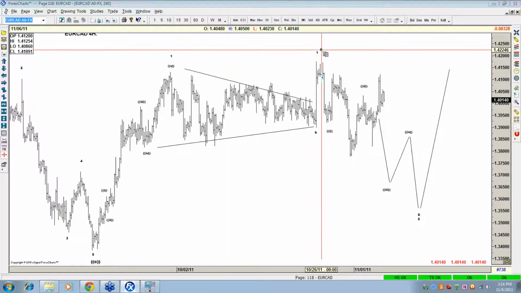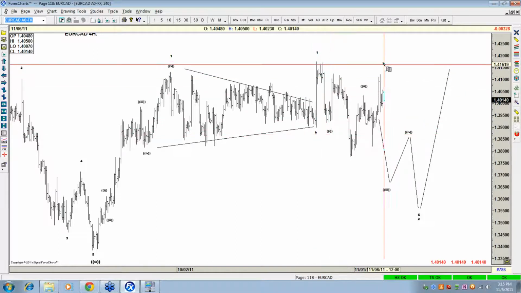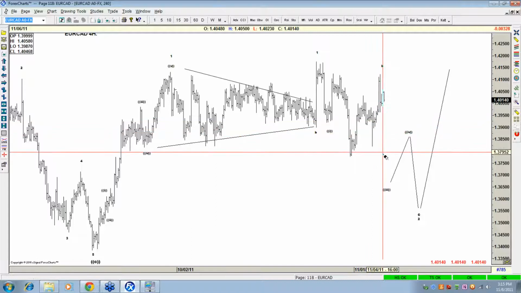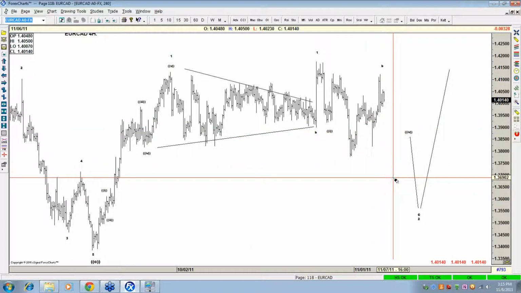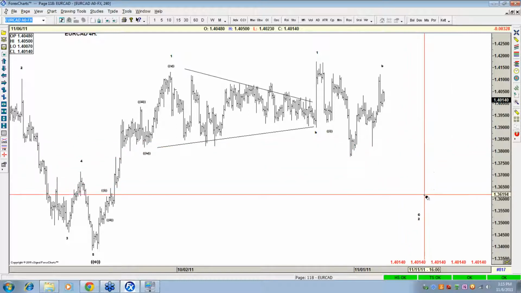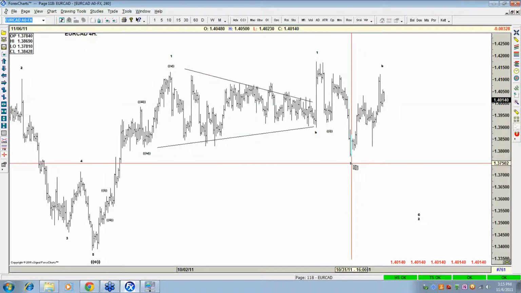This is A1, and then you got, this is B. This pair sometimes, guys, gets very ugly, structure-wise. And then this is A.